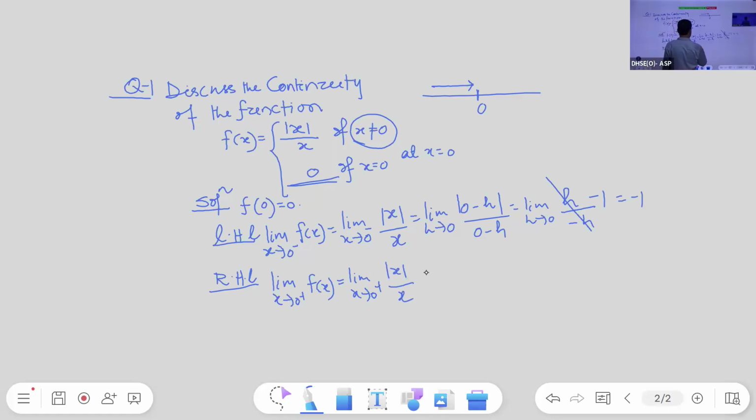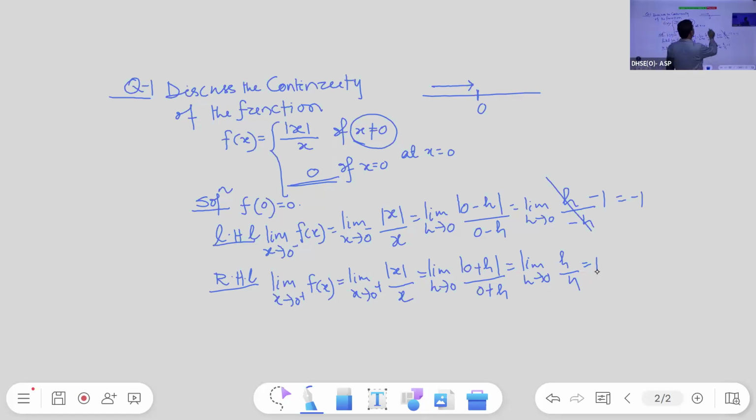This is equal to the limit as h tends to 0 of mod of 0 plus h upon 0 plus h. This is equal to the limit as h tends to 0 of h upon h, which is equal to 1. So for this function, left hand limit is minus 1, right hand limit is 1, and value of the function is 0. So LHL is not equal to RHL is not equal to the value of the function. Hence we can say that the function is discontinuous at x is equal to 0.